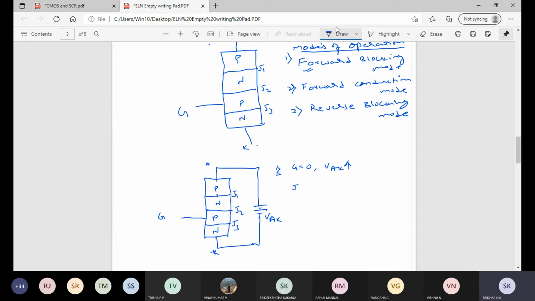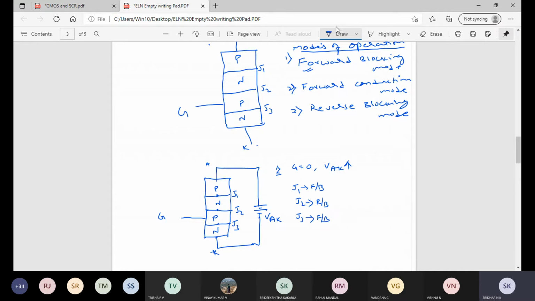So junction J1 is forward biased, and junction J2, because this plus is connected to here and this minus is connected to here, will be reverse biased. And what will junction J3 be? This plus is connected here, and this minus is connected here. So junction J3 will be forward biased.